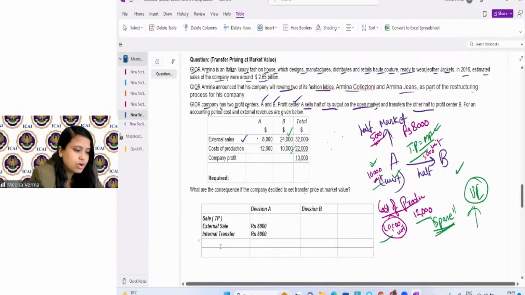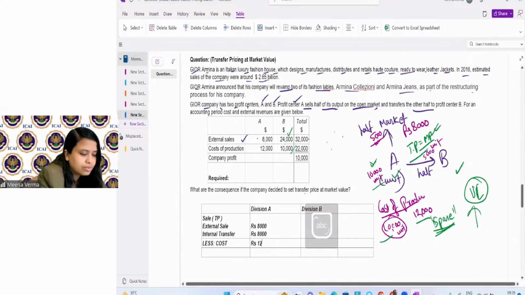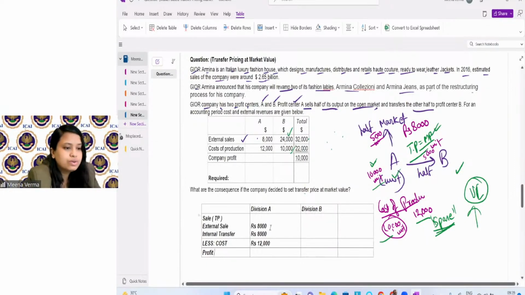Okay. What is the cost? The cost for them is this, and it will give the profit. So 4,000 profit is coming here.